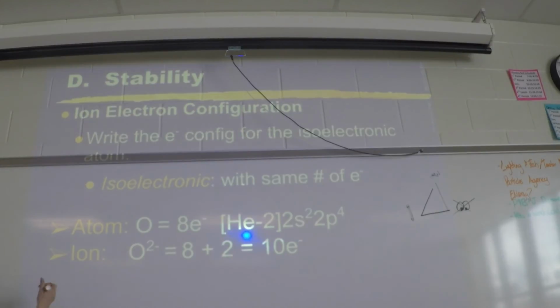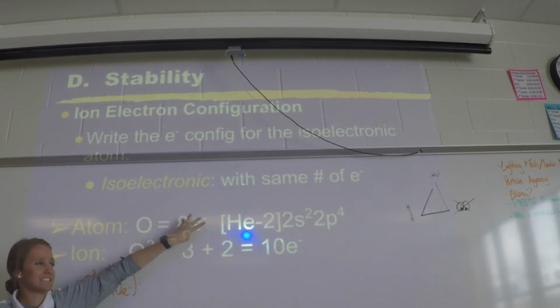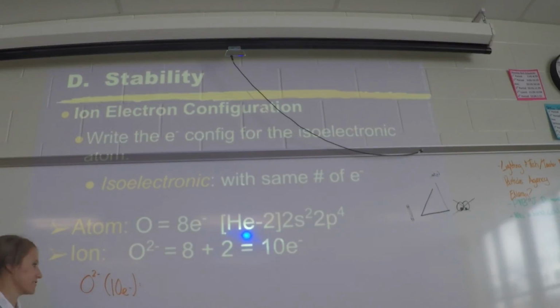So when we write the configuration for oxygen 2-, we now need to take into account that there are 10 electrons total instead of the original 8. There are 2 ways you can do it. The easiest way to me is if you just take the neutral configuration.